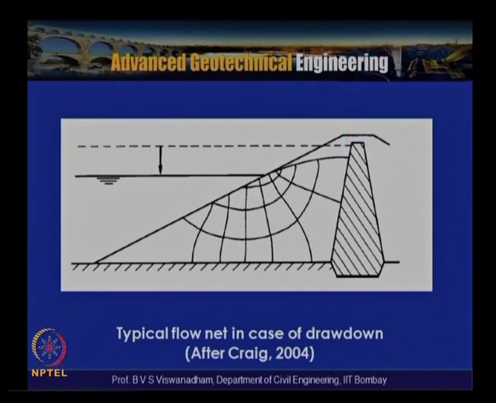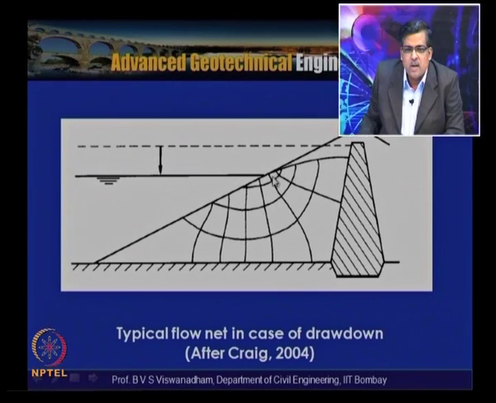In this slide, there is a typical flow net with a particular saturation line for a particular drawdown. Here the drawdown happened from here to here, and this is the core with low permeable soil, and this is a relatively permeable soil, and this is the flow net in the case of a drawdown. This is the top flow line for a particular stage.